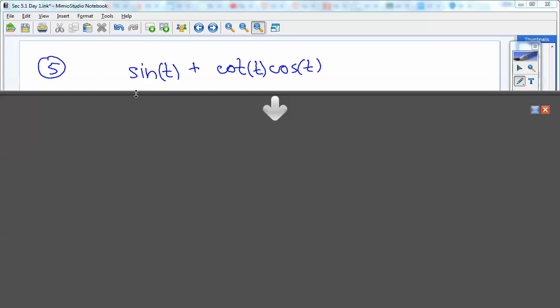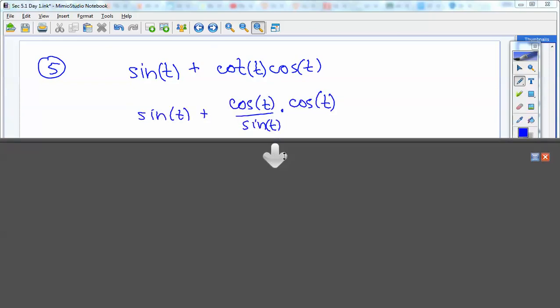So we already have a sine, because there's nothing you can factor out. There's nothing squared, so we can't use our Pythagorean identities. So what we can do is change cotangent to cosine over sine. Now remember, here's where the rules of multiplying fractions come into play.